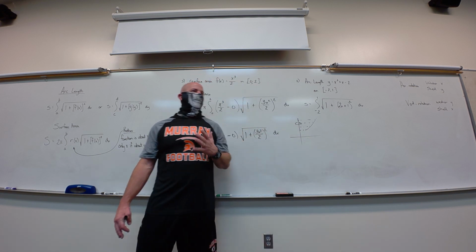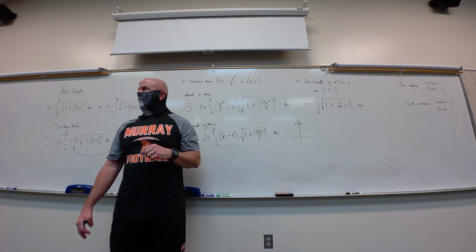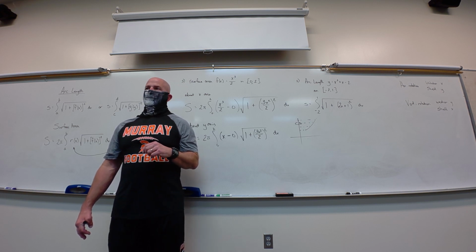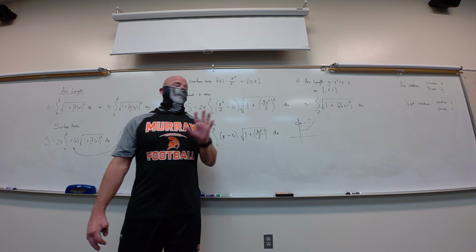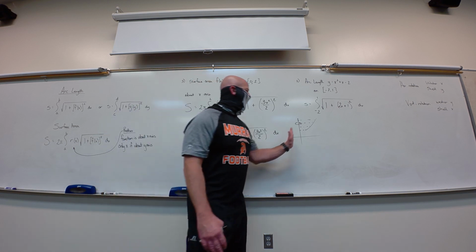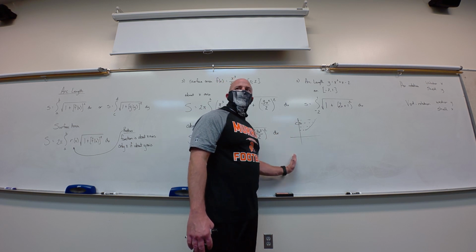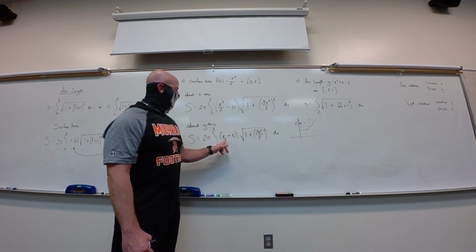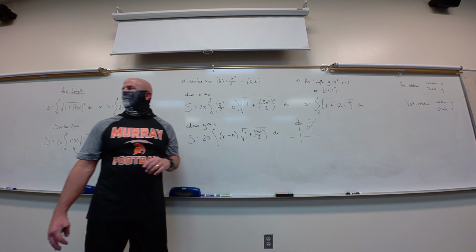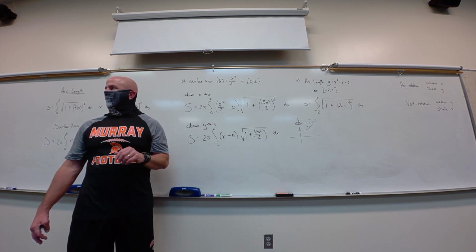It's x units from the y-axis. Does that make sense? So if I was going to go around x equals negative 3 instead of the y-axis, you'd have x minus negative 3. Same idea as what you had in the shell.